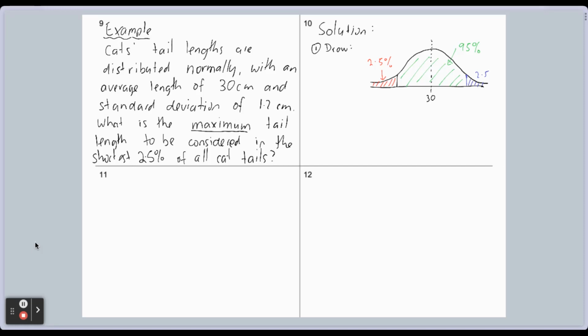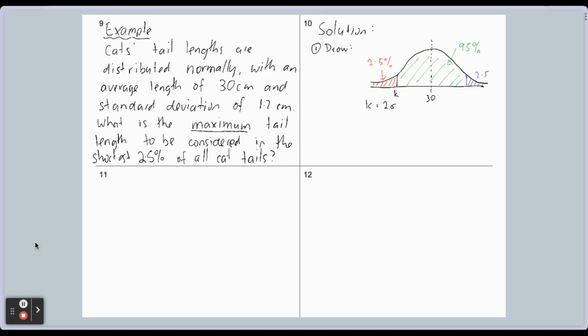Is that going to be confusing? Let's call it k. Then k is going to be 2 sigmas away. Okay, 2 standard deviations away.